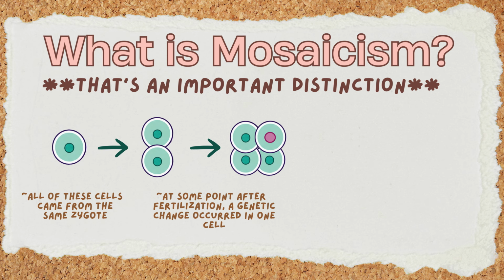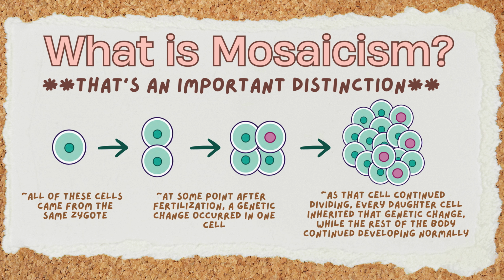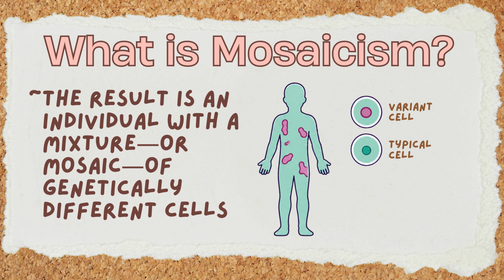At some point after fertilization, however, a genetic change occurred in one cell. As that cell continued dividing, every daughter cell inherited that genetic change, while the rest of the body continued developing normally. The result is an individual with a mixture, or mosaic, of genetically different cells.